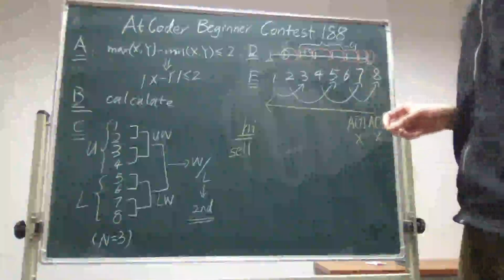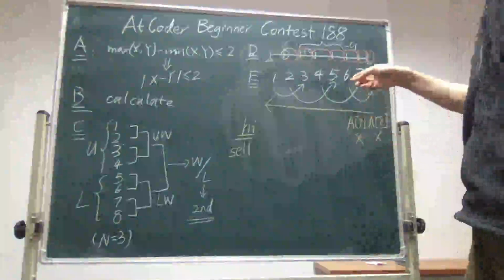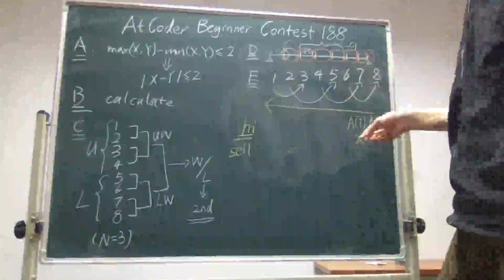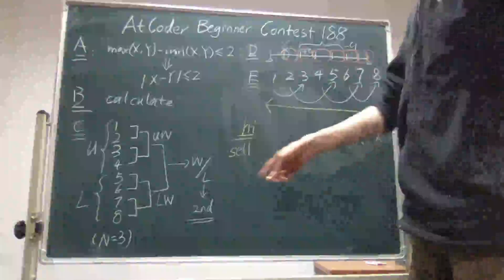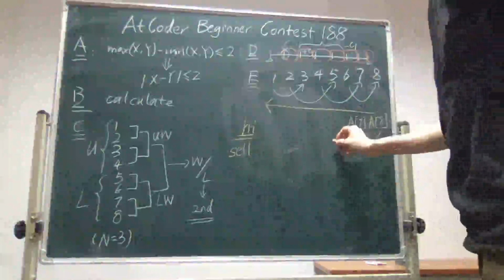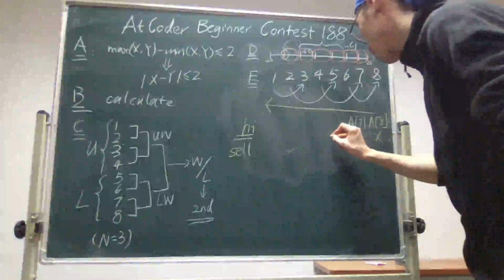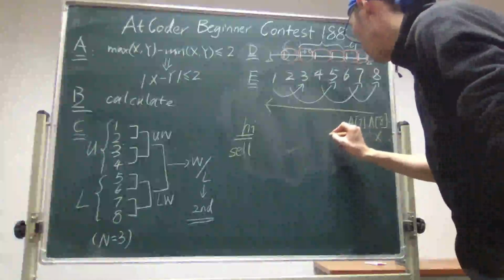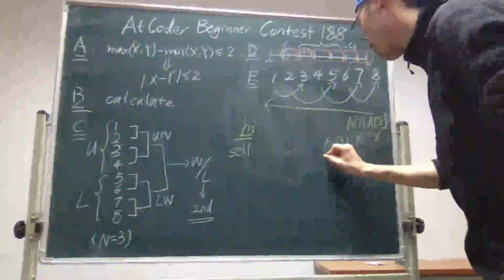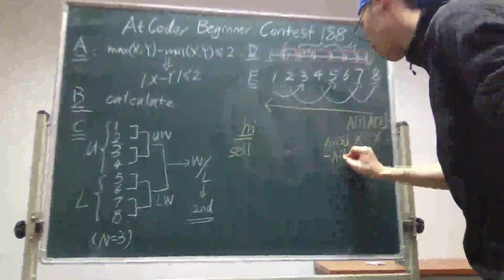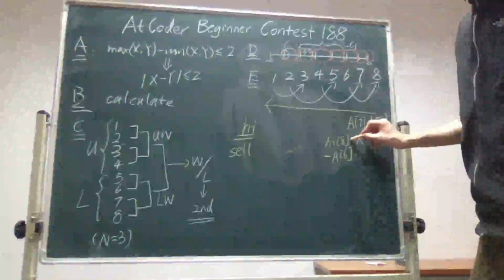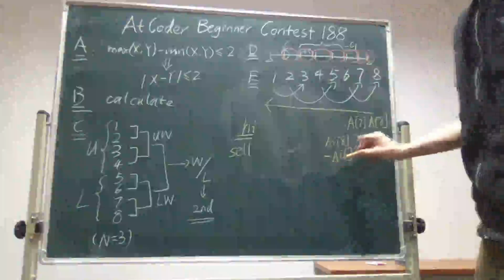Then term 6, it leads to term 8. So we can buy at term 6 and sell at term 8. So the maximum profit we can make here is high 8 minus A6.